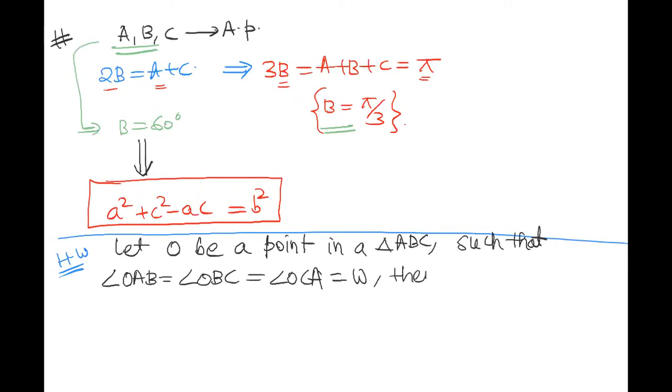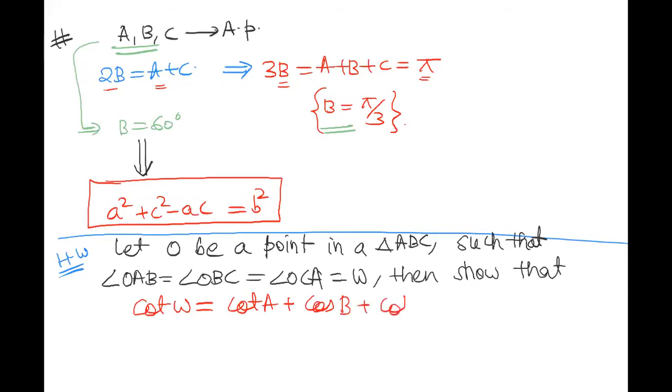Then show that cot omega is equal to cot A plus cot B plus cot C. Okay, this is the question.